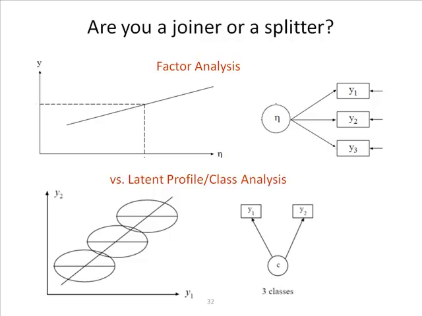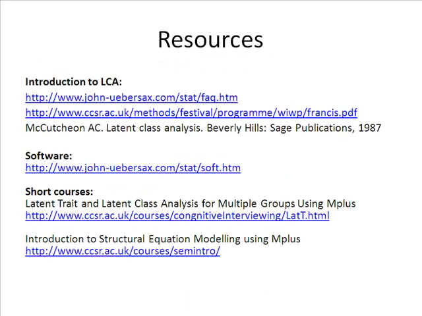It's another way of looking at correlation between variables, but it's saying that actually the means and variances of items over here might be different for some groups versus other groups. So it's taking the factor analysis one step further and saying, well, we don't have to assume everybody represented by this correlation comes from a single group, that there might be different groups in this correlation. So that's basically what a latent class analysis is about.